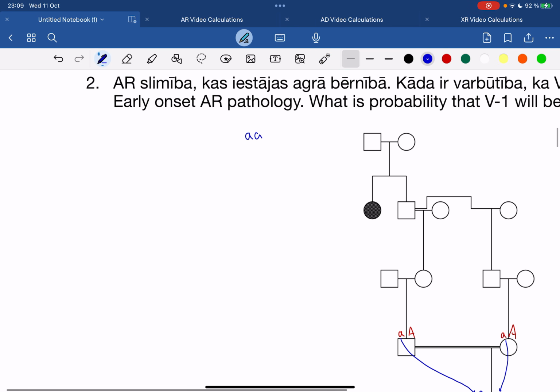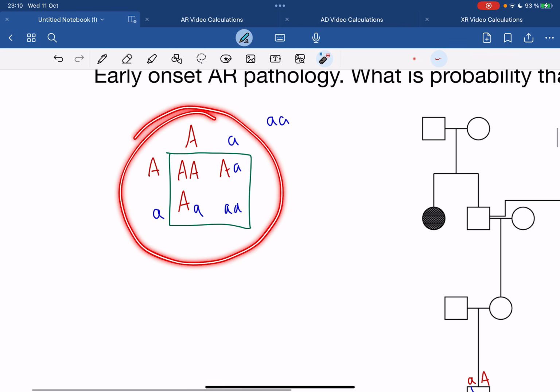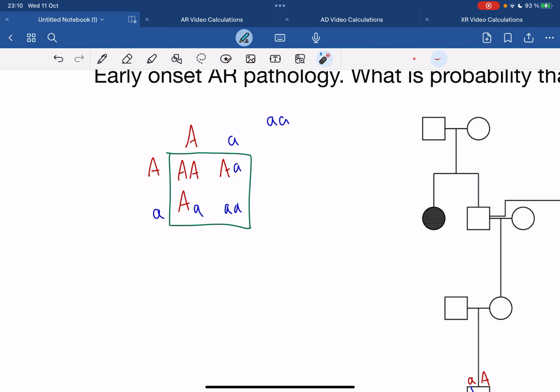And if we write a Punnett square for autosomal recessive, let's say it's something like this. There we go. Then you can see that the probability for a person with the parent phenotype of this combination to be sick is 1 out of 4 in total.